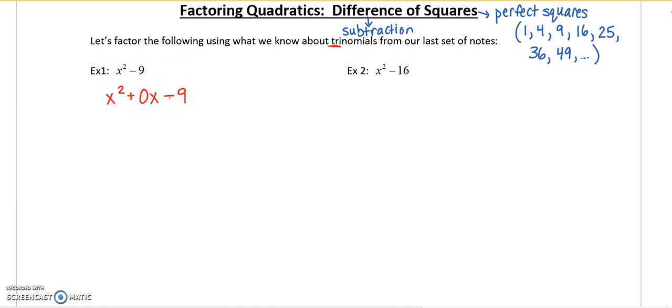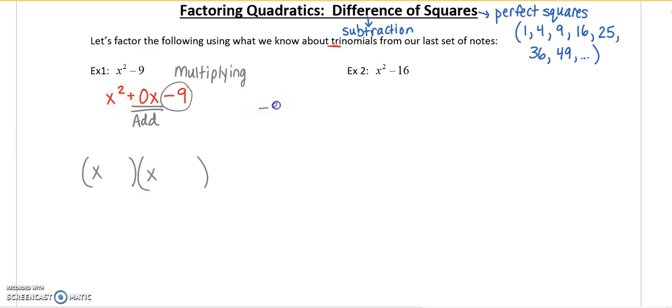So when it comes to factoring, this last number is still going to be my multiplying number. And this middle number is going to be my adding number. So if I wanted to set this up as factors, I could start by putting x's at the beginning, because it's x squared.